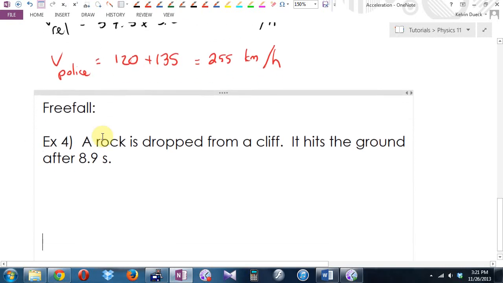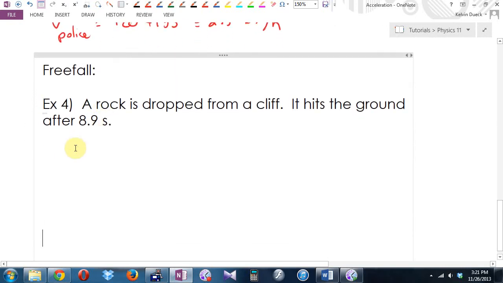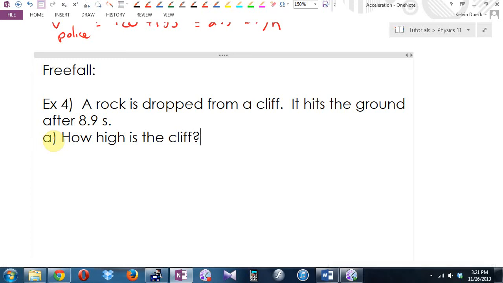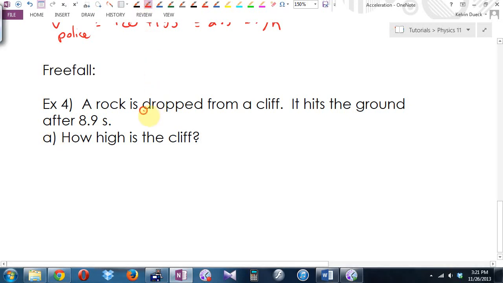If I tell you that we drop a rock from a cliff and it hits the ground after 8.9 seconds, what can I ask you to find? I could ask you to find that. Again, the key to doing this question, Jake, is this word here that tells you lots of information. What does it tell us, Chris? Which is?